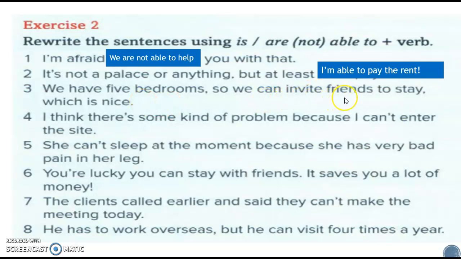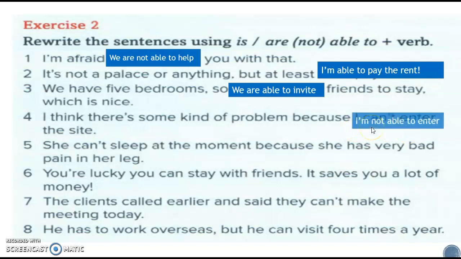We can invite friends. We are able to invite them. That's the idea. I think there's some kind of problem because I can't enter the site. It means that I am not able to enter. They have a similar meaning in this case, the same one.